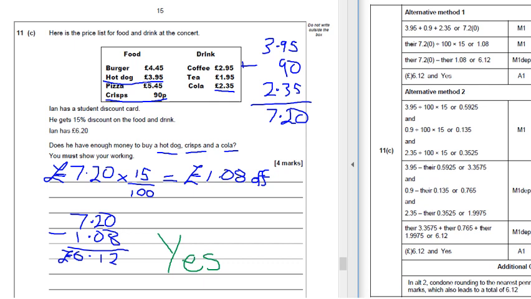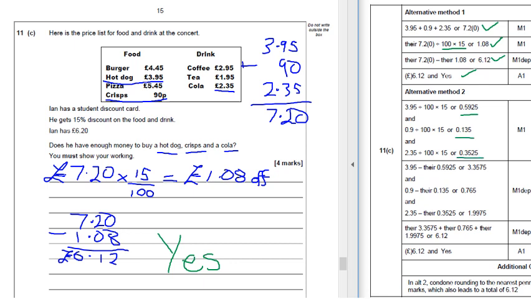Okay, checking the marking scheme. I've added them up. I've worked out 15% discount. They've written it that way. Whatever, I like it that way. So I've got £1.20 and I've said yes. This alternate method is working out 15% discount on each item individually.